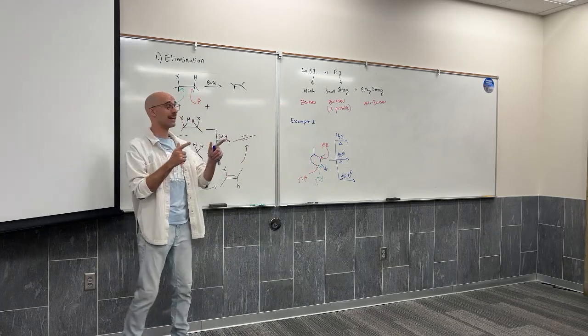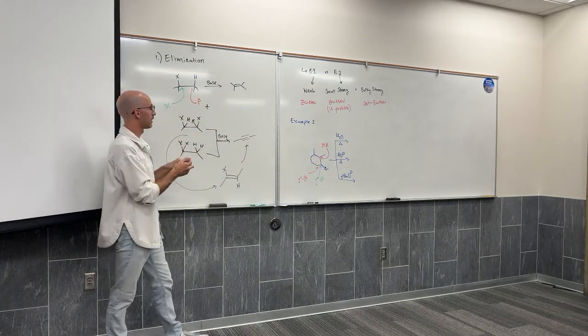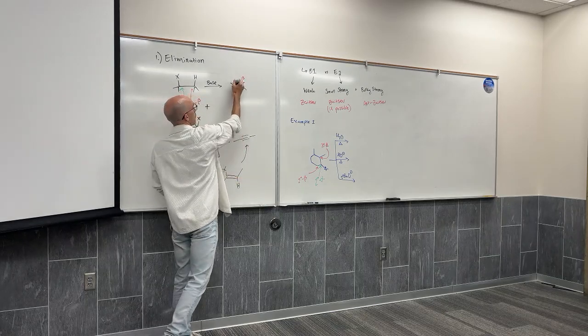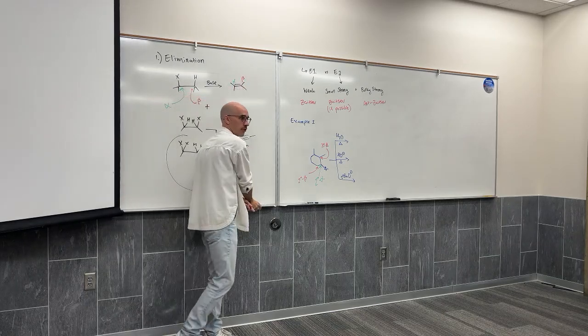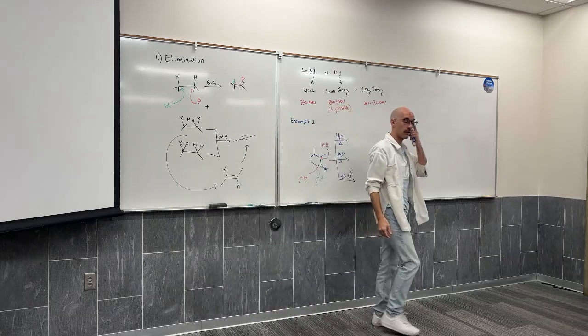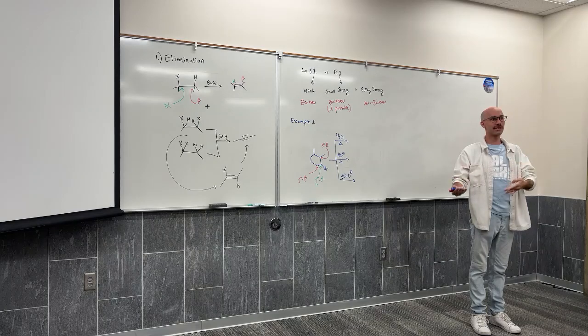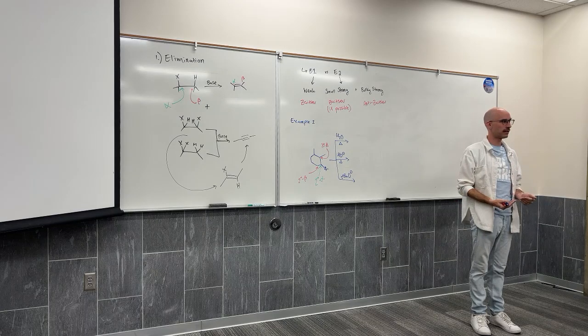What we're going to form is an alpha-beta double bond. The more substituted the beta carbon, the more substituted the alkene. The less substituted the beta carbon, the less substituted the alkene.